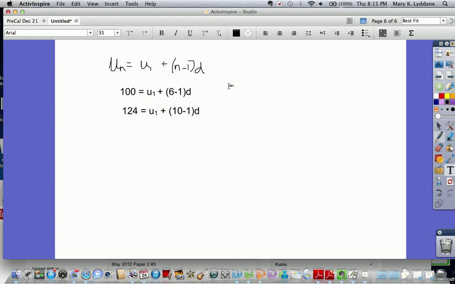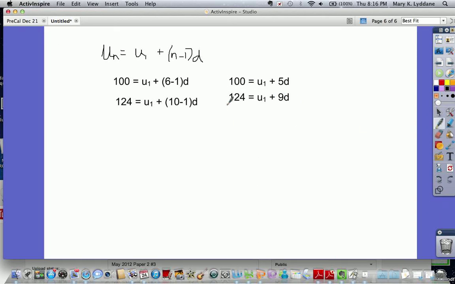So now we've got 2 equations: 100 is equal to u sub 1 plus 5d, and 124 is equal to u sub 1 plus 9d.